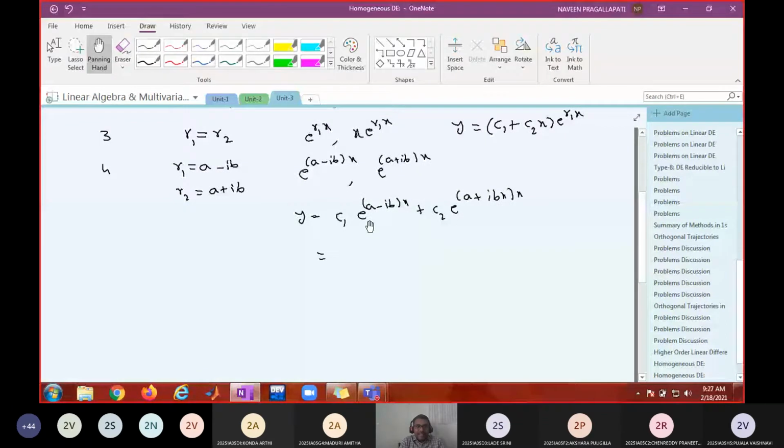I can write it as c1 e power ax into e power minus ibx plus c2 e power ax into e power ibx. If I take e power ax common, what do you get? C1 e power minus ibx plus C2 e power ibx. Do you agree?